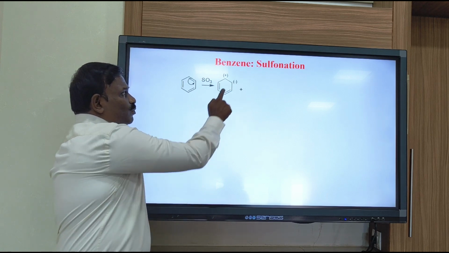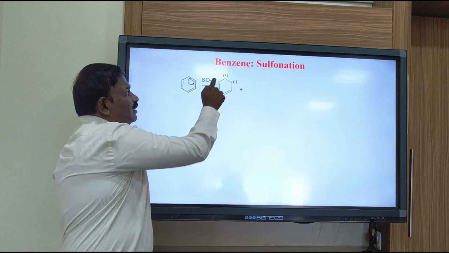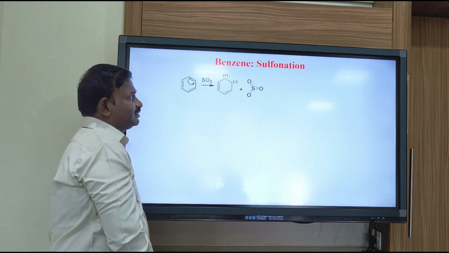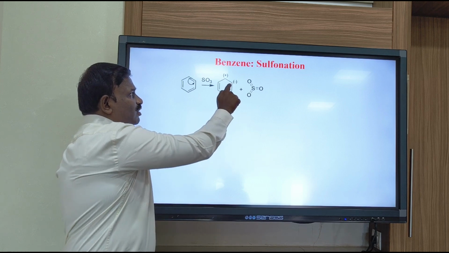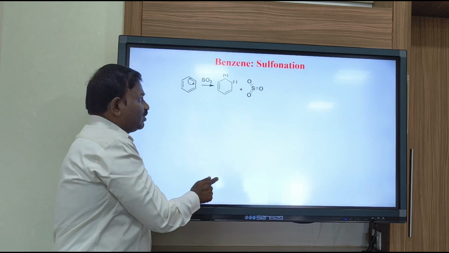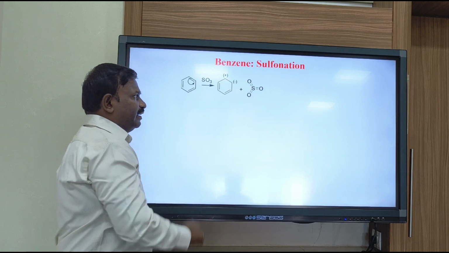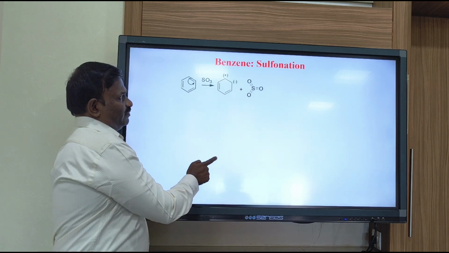As these electrons are moved towards one carbon, the adjacent carbon has become electron deficient. This is an electron rich carbon and sulfur is electron deficient because it is flanked by all 3 electronegative oxygens.